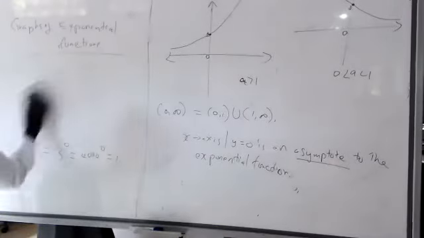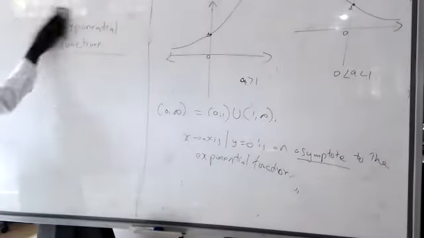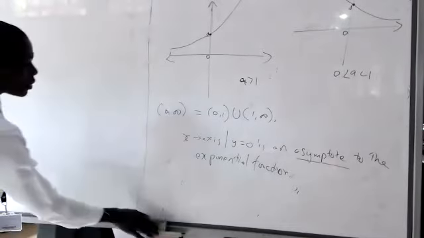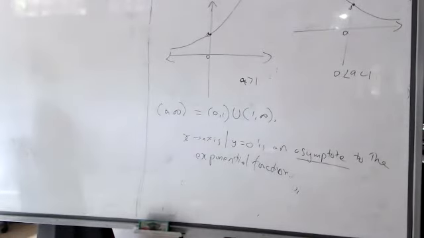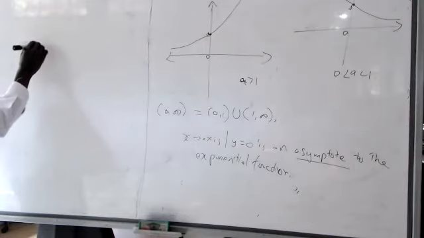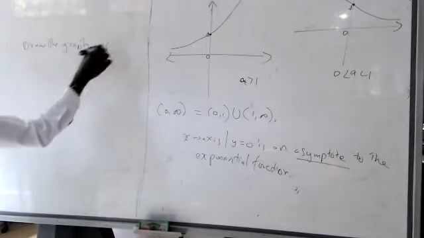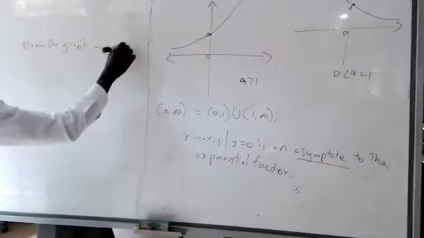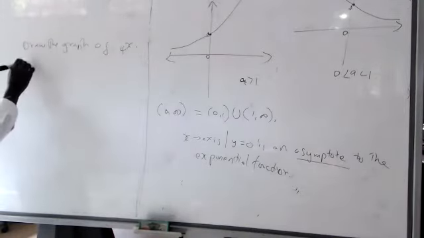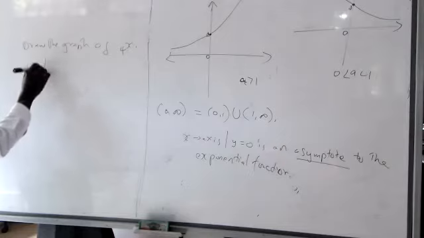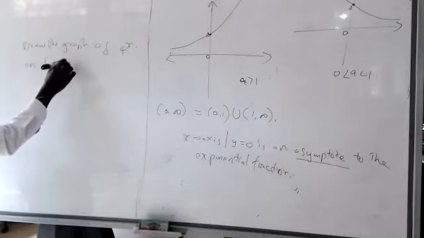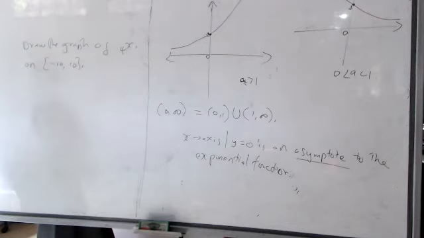For example, let's take a quick example. Draw the graph of 4 raised to x on the interval, let's say minus 10 to 10.